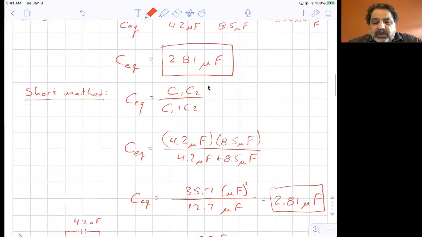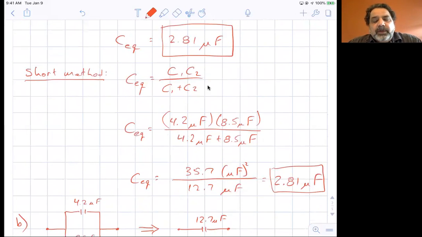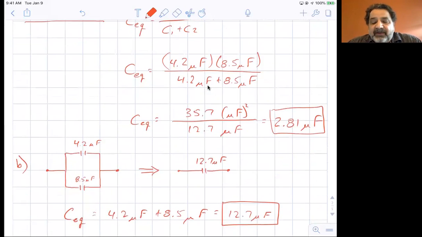So the equivalent is 4.2 microfarads times 8.5 microfarads divided by 4.2 microfarads plus 8.5 microfarads. So you end up with 3.57 microfarads squared. We don't really use microfarads squared, but it will come out in the calculation.